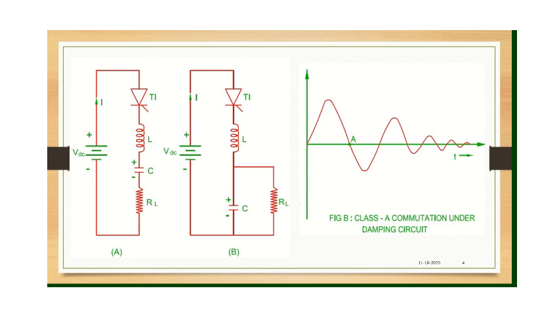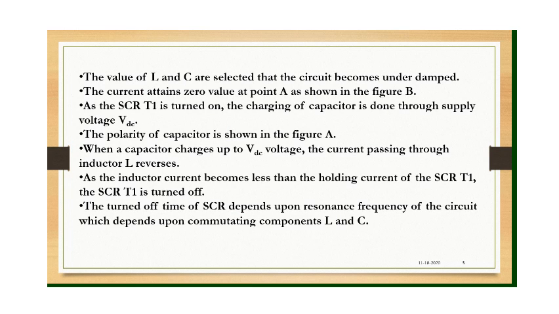Once the current becomes zero, the SCR is turned off, and then the capacitor will discharge via the load. That is what is explained here in these points. The values of L and C are selected in the circuit such that the circuit is underdamped.